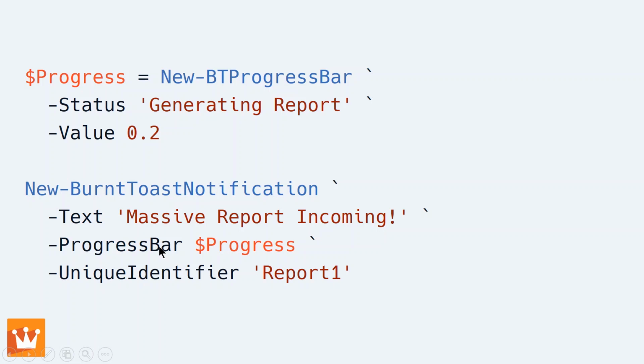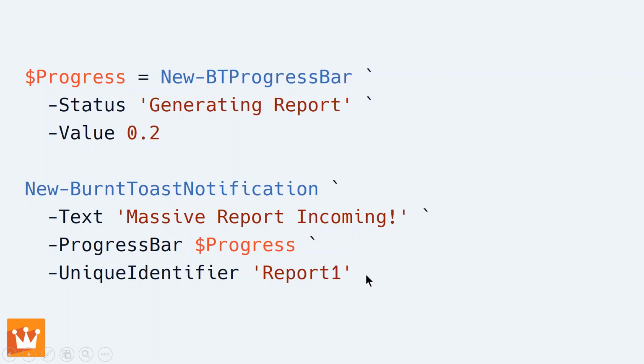Now with this one, it's been a long time. I don't think you can provide multiple progress bars. I need to check on that. And again, some text. Now the interesting thing about this one is this unique identifier.